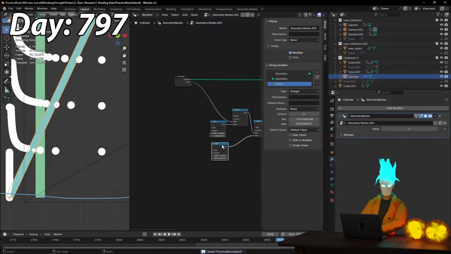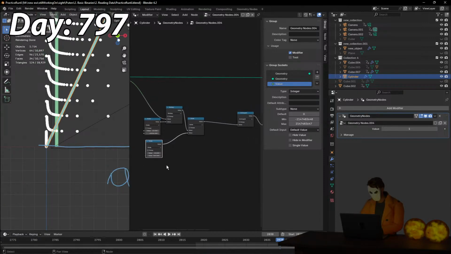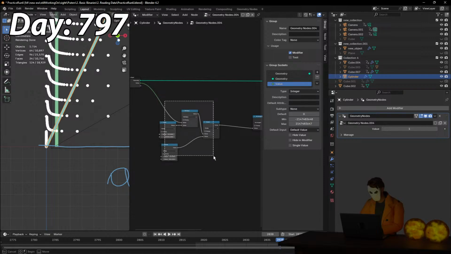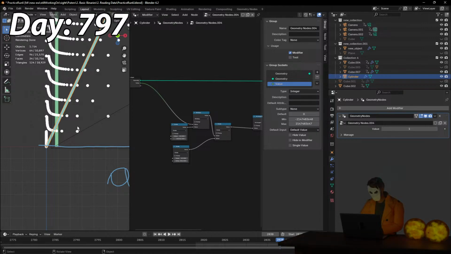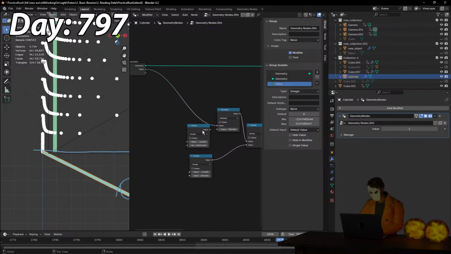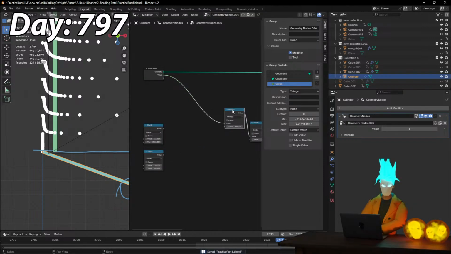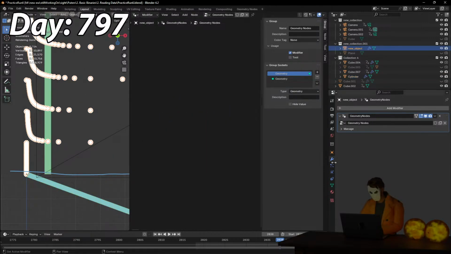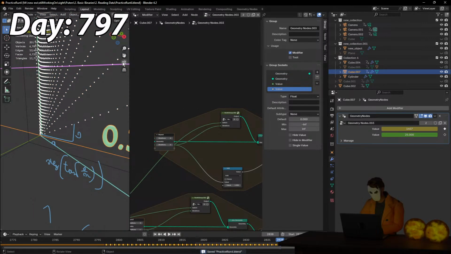This is very difficult. Our height is just... Oh, but to the height we also need to add the offset. Fudge! Okay. Let's start over. This multiplied by our integer, there we go.